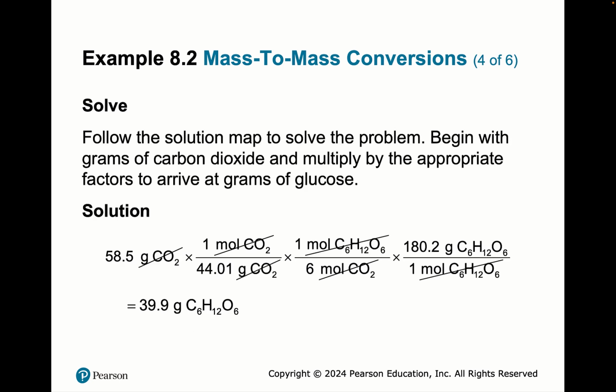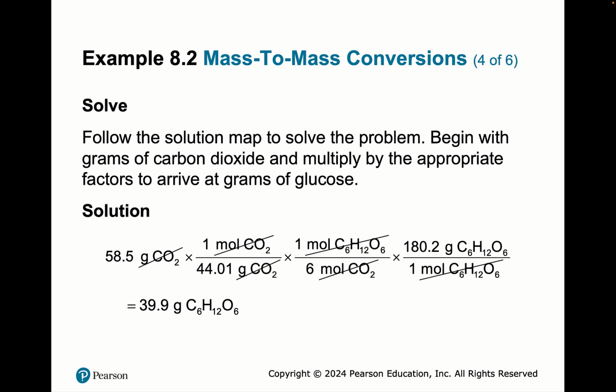So let's look at this. You start with the mass of carbon dioxide and change to moles of carbon dioxide. Now the next step, which you get from the balanced chemical equation, is typically where, like I said, students have the hardest time: converting between moles of glucose and moles of, well, it doesn't matter what it is, it's just a different species. Moles of product, it could be another reactant.